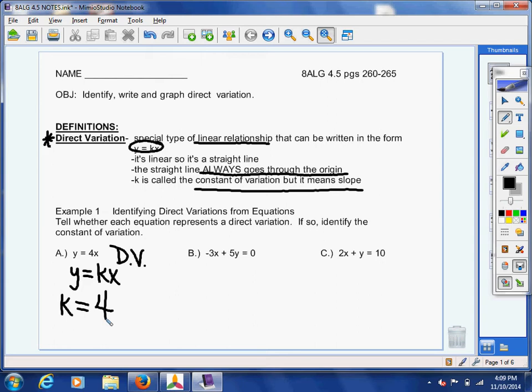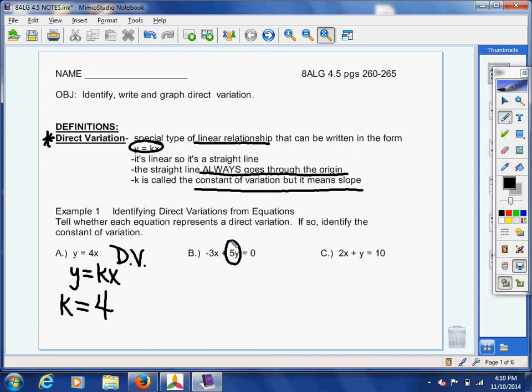Great job. Now, let's look at letter B. This time our equation is negative 3x plus 5y equals 0. It's not solved for y, but we can solve it for y and see if it's in the format. So we're going to put our force field up, so protect that 5y. Don't move it, don't touch anything with the 5 or the y just yet.